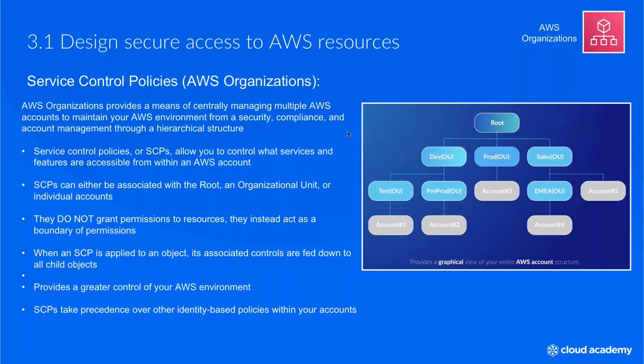However, if the account that the user belongs to was controlled by a service control policy that denied access to all S3 APIs, then that user would not be able to access S3 despite their IAM permissions. So SCPs act as a central security control for either a single or multiple AWS accounts.